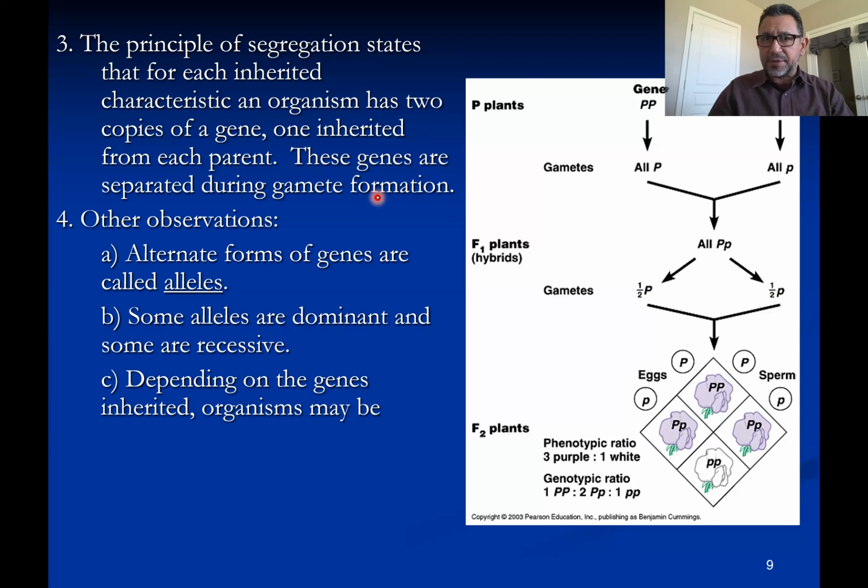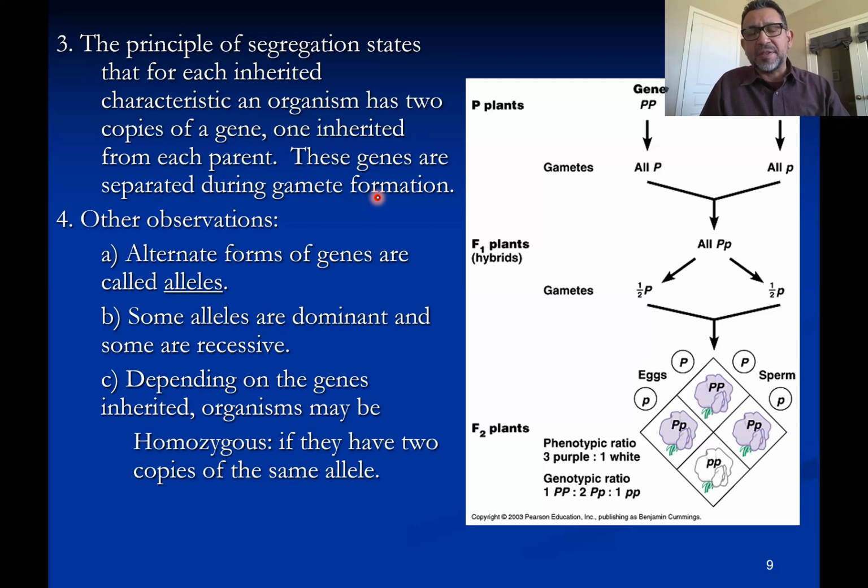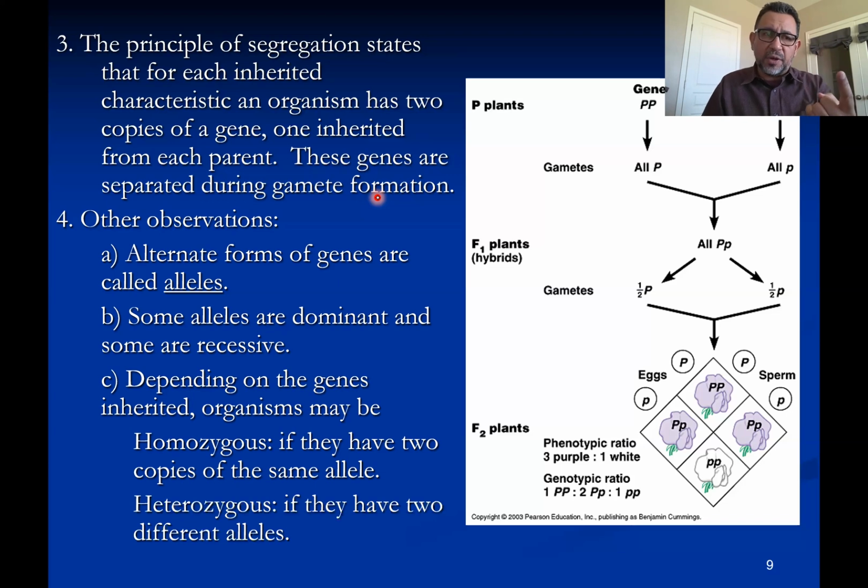Depending on what two specific genes for one characteristic an organism inherits, they can be homozygous if they have two copies of the same allele, or heterozygous if they have one version of a gene and the other allele is the alternative version for the particular gene.